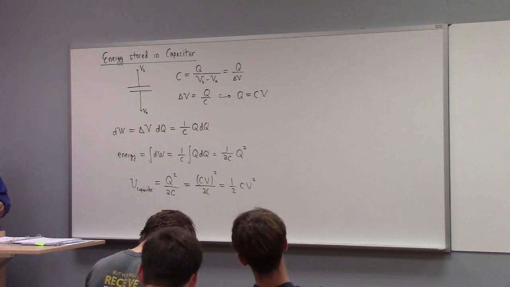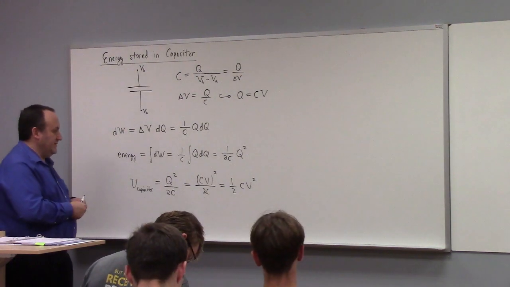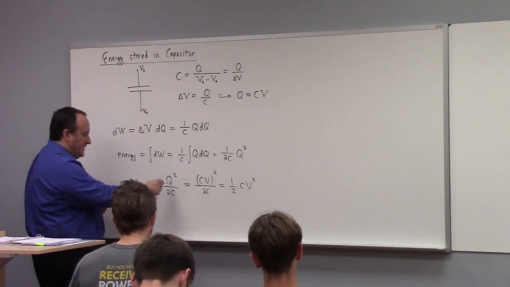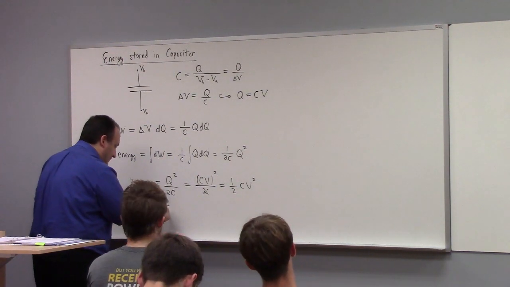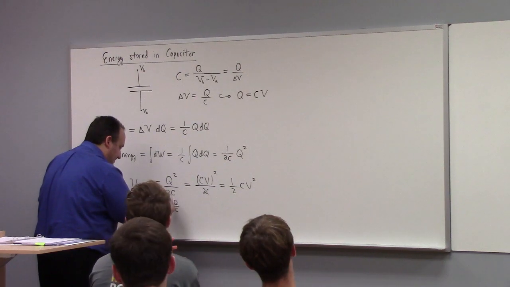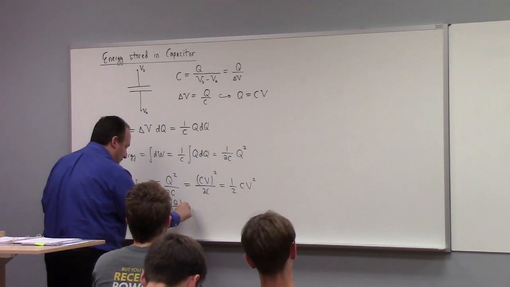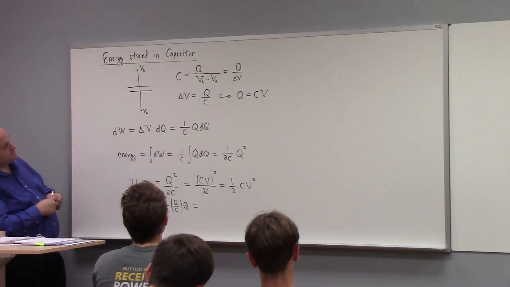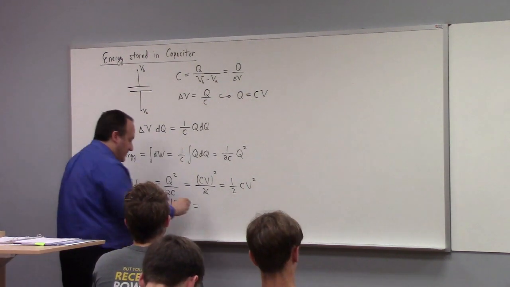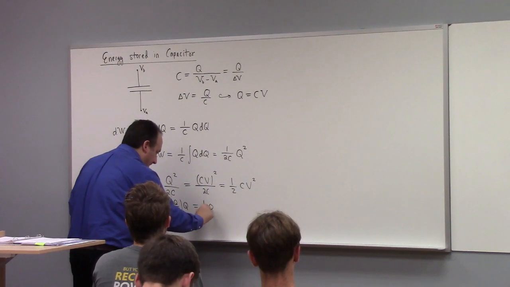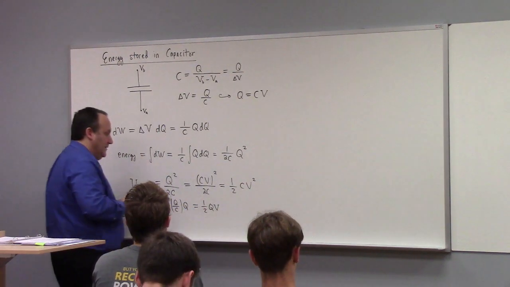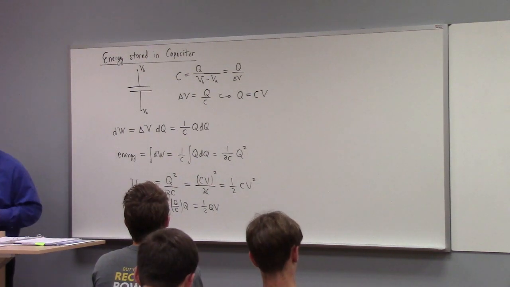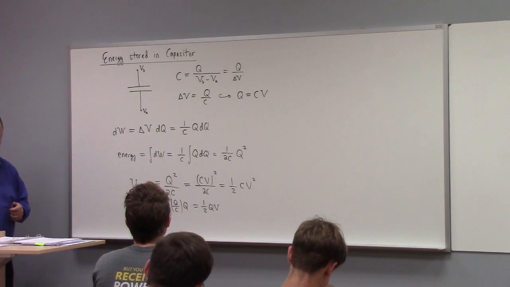How about if we do a mix? We could have Q and V involved. If you go back to this formula right here, you could write this as 1/2 Q over C times Q, which would be what? One-half QV. So there you go. These are the three popular formulas to calculate the energy in a capacitor.